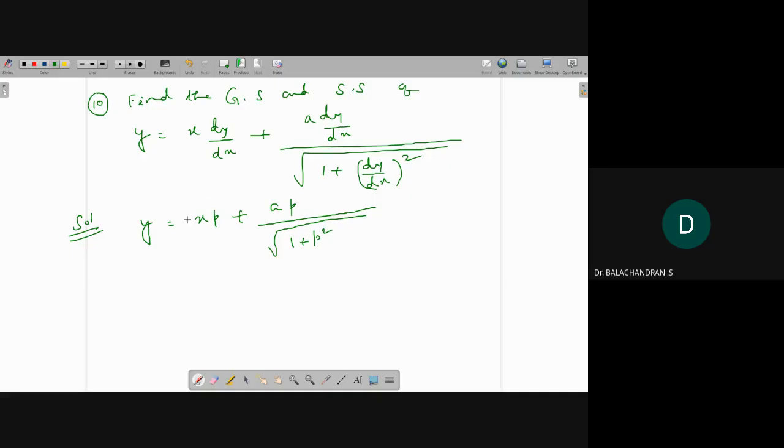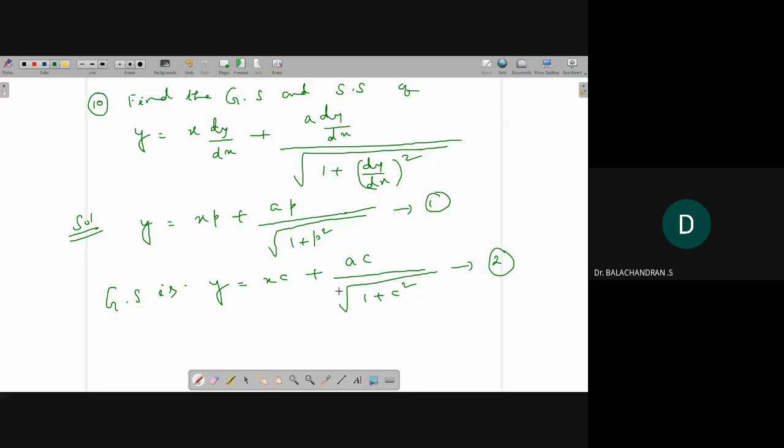Now we can see that this is y is equal to xp plus function of p. So general solution is y is equal to xc plus ac divided by root of 1 plus c square. I call this equation 2.